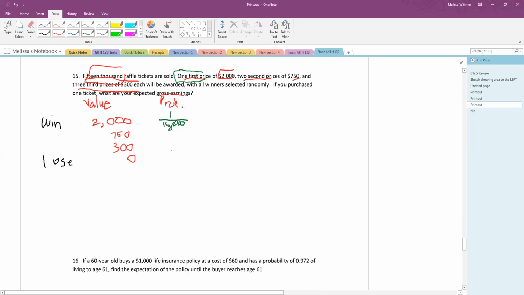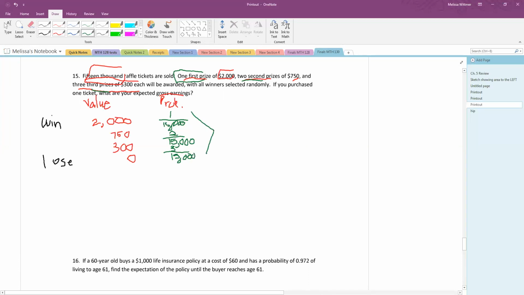So you've got one chance out of 15,000. Now you do have a better chance of getting the $750 prize. There's two tickets out of 15,000. This denominator does not change because it's always out of the total tickets. And then there are three third prizes, so you even have more chances to get the $300 prize, 3 out of 15,000.